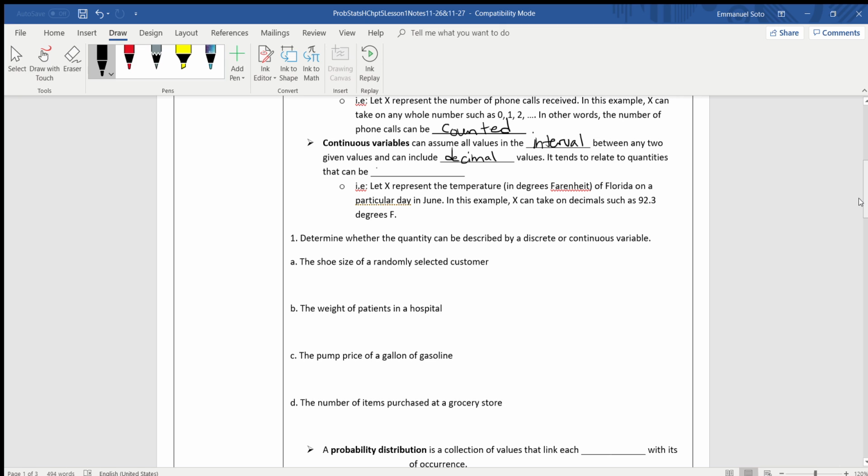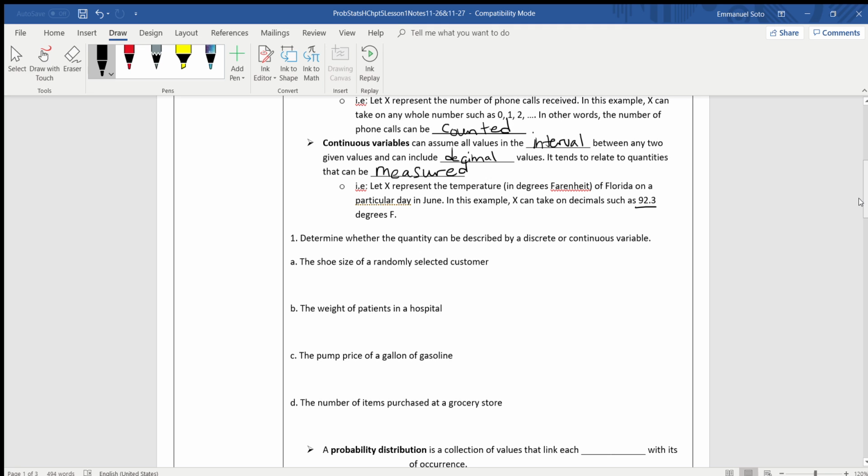Those are quantities that can be measured, and anything that can be measured can generally be put in terms of decimals, and therefore is continuous. With temperature, you can have decimals such as 92.3 degrees. With weight, you can have 105.6 pounds. You can take on any kind of value, and therefore we consider that continuous.